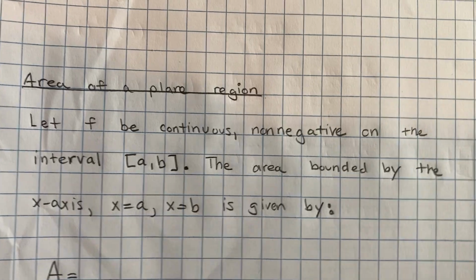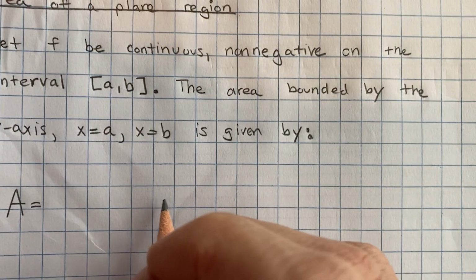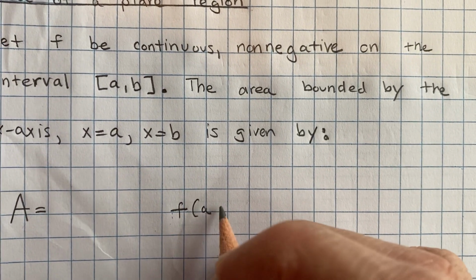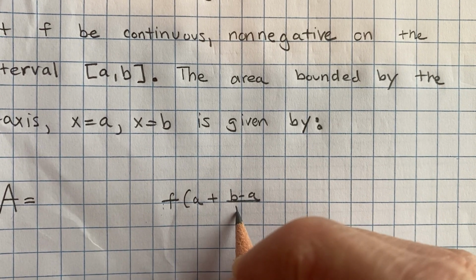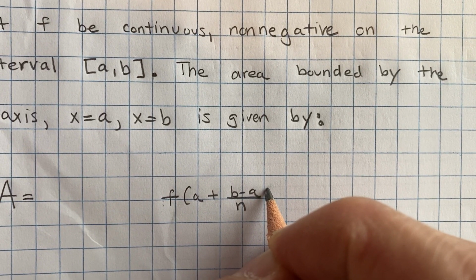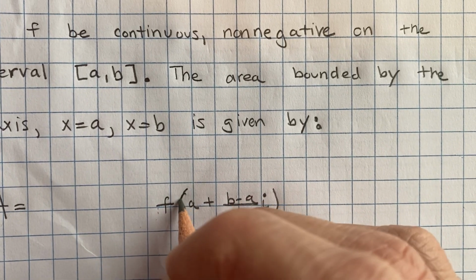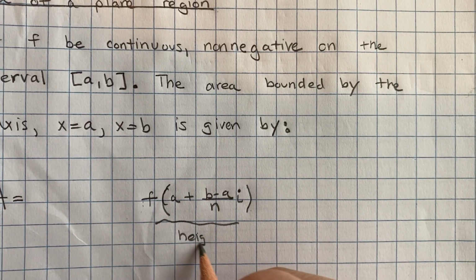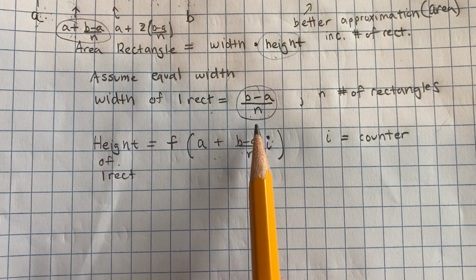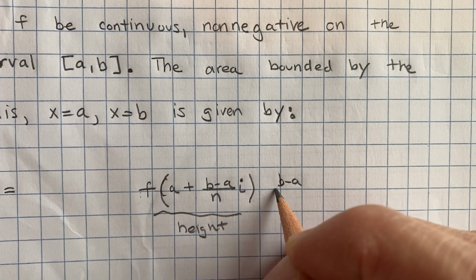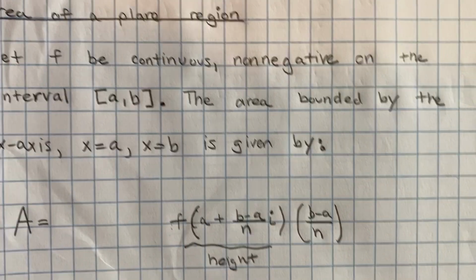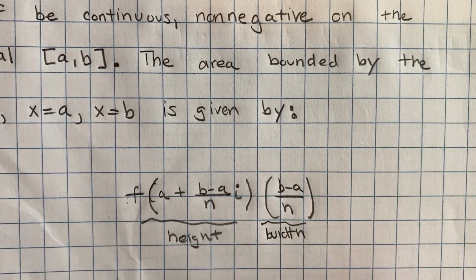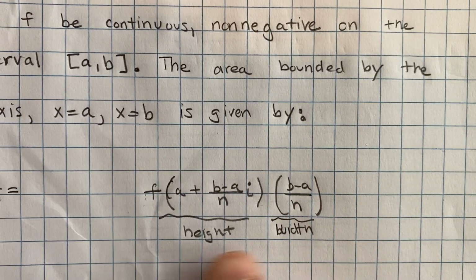I know that the height of a single rectangle is f of a plus b minus a over n times I. This is my height. And I know the width is just b minus a over n. Okay, so that is a single width, the width of a single rectangle, okay?